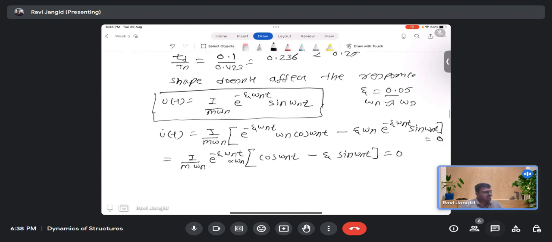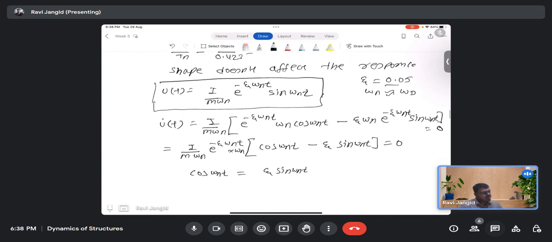If I equate it to 0, I get cos ω_n t equal to ξ sin ω_n t, so tan ω_n t equals 1 by ξ. So t for the maximum is (1/ω_n) tan inverse of (1/ξ).